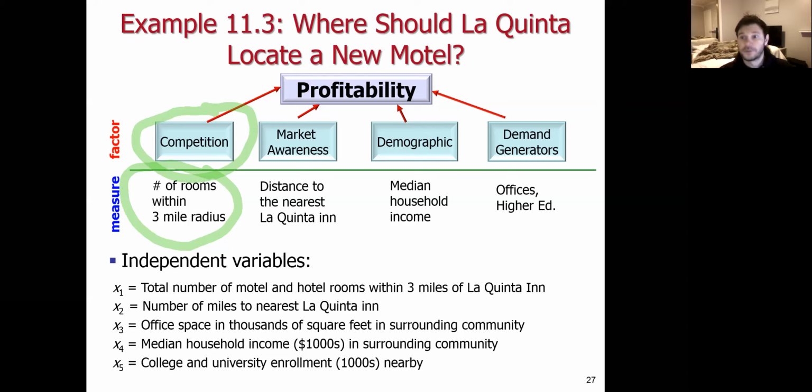The wealthier folks are, the higher we can price. Again, that'll affect our operating margin. And last but not least, X5 will be college enrollment in the nearby community. The more students there are, the more parents may need to use hotel rooms for those students. And again, that gives us a little bit more market power and pricing higher at our operating margin.